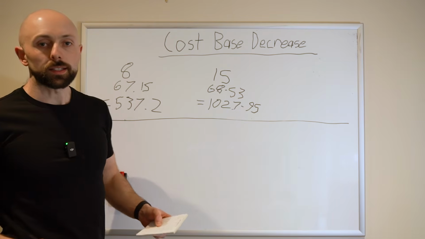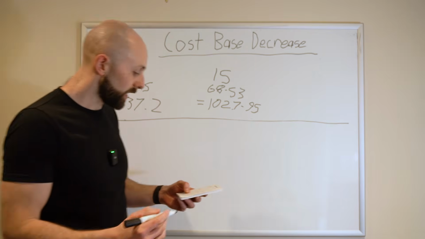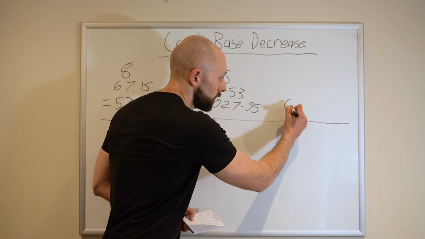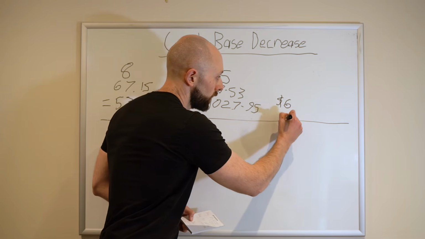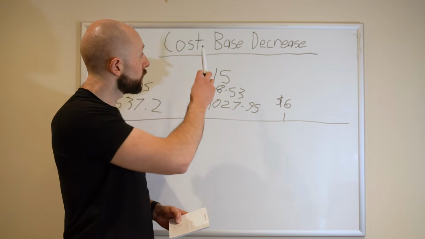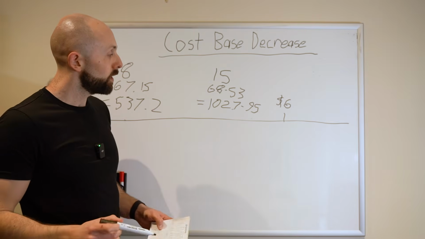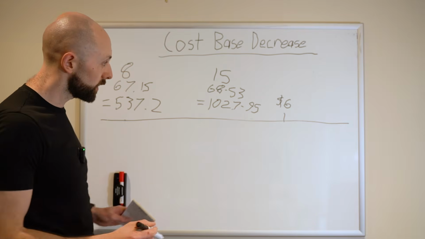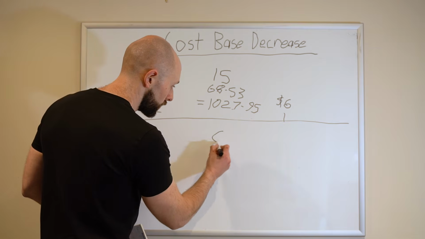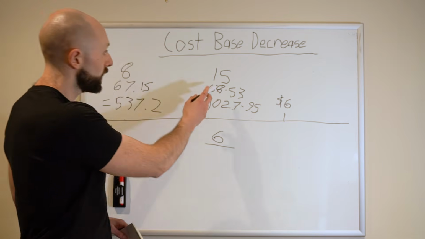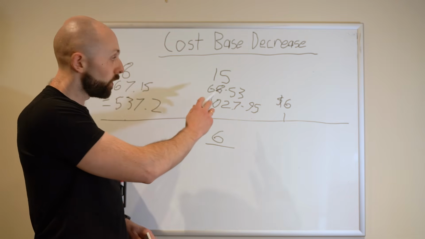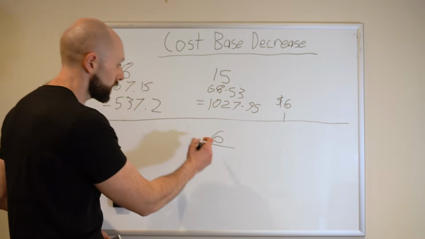Now remember in our last example, we had a $6 adjustment, but this time it's going to be a $6 cost base decrease. So how do we calculate that? Well, similar to before, it's exactly the same. We take our $6 adjustment and divide it by the current quantity of all the trades before it, so in this case, 23.